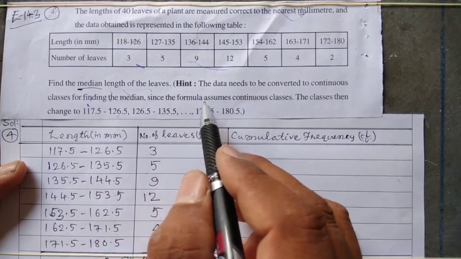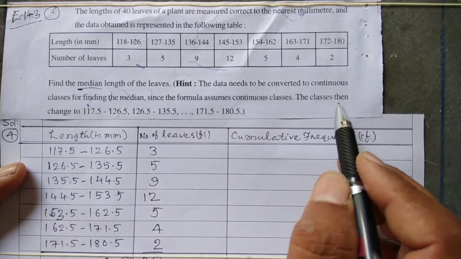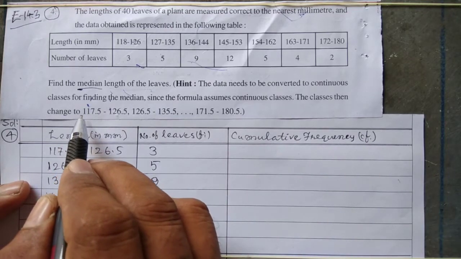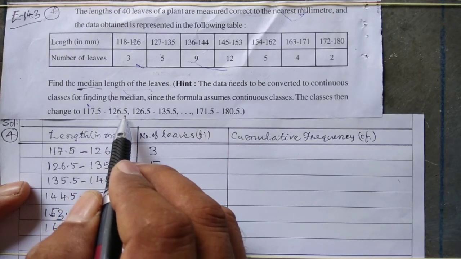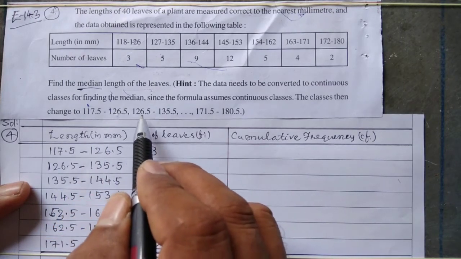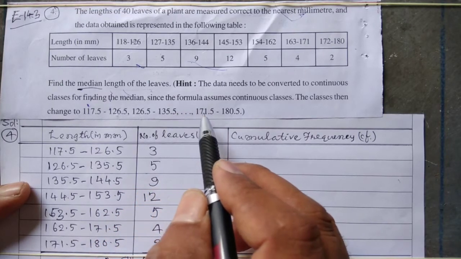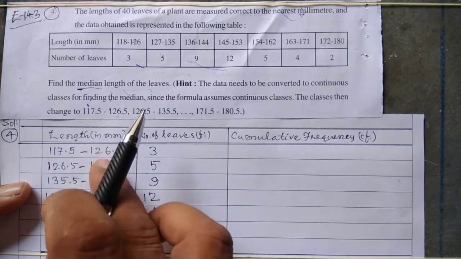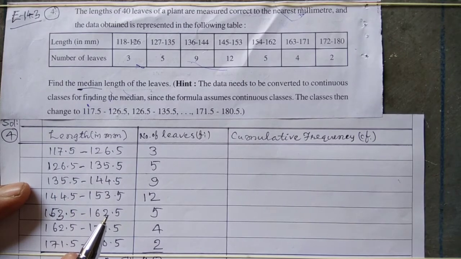Since the formula assumes continuous classes, the classes change to 117.5 to 126.5, 126.5 to 135.5, and so on, up to the last one, 171.5 to 180.5.